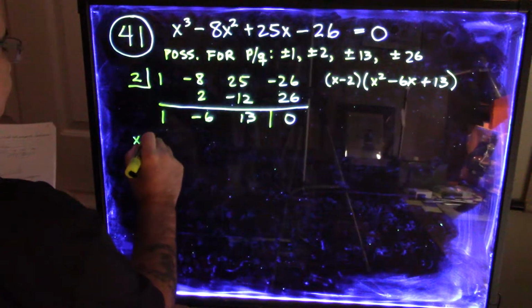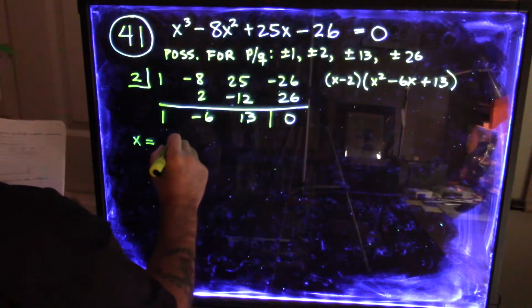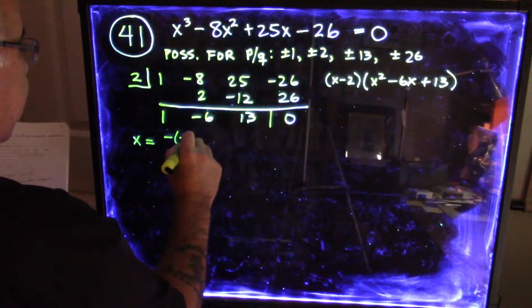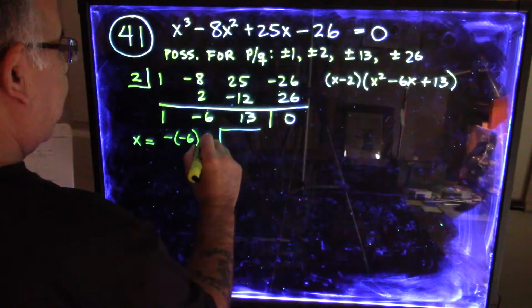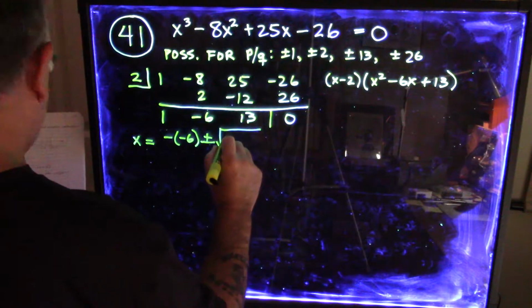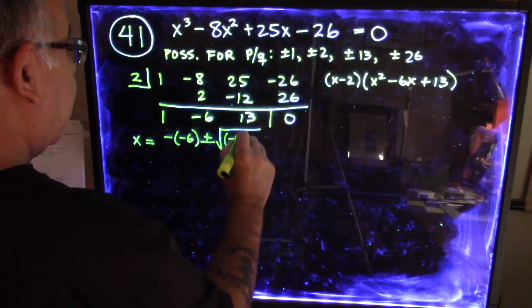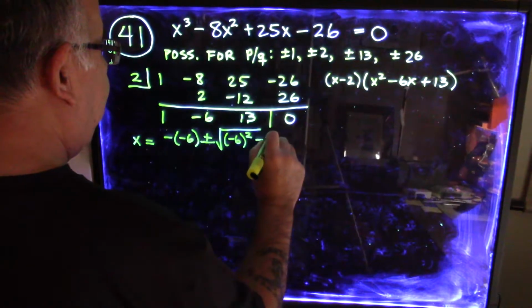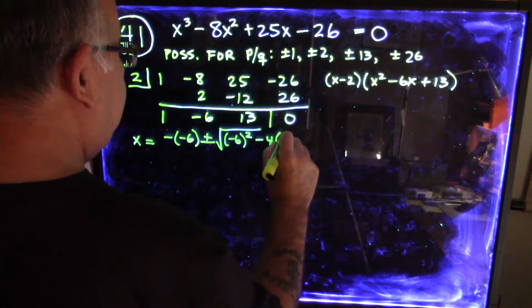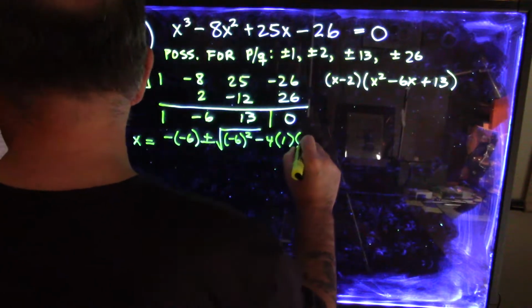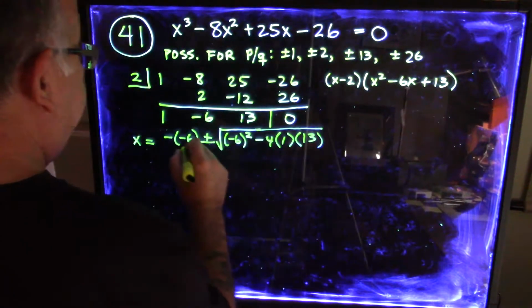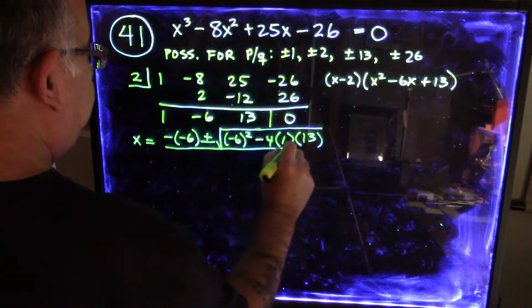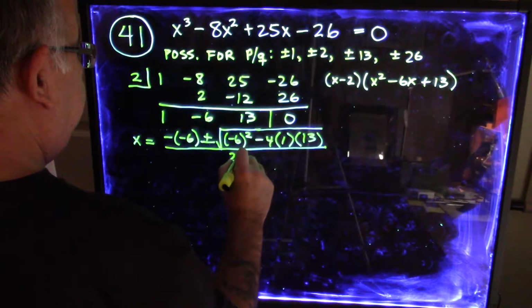and use the quadratic formula. So that's negative b plus or minus square root of b squared minus 4ac, all over 2a.